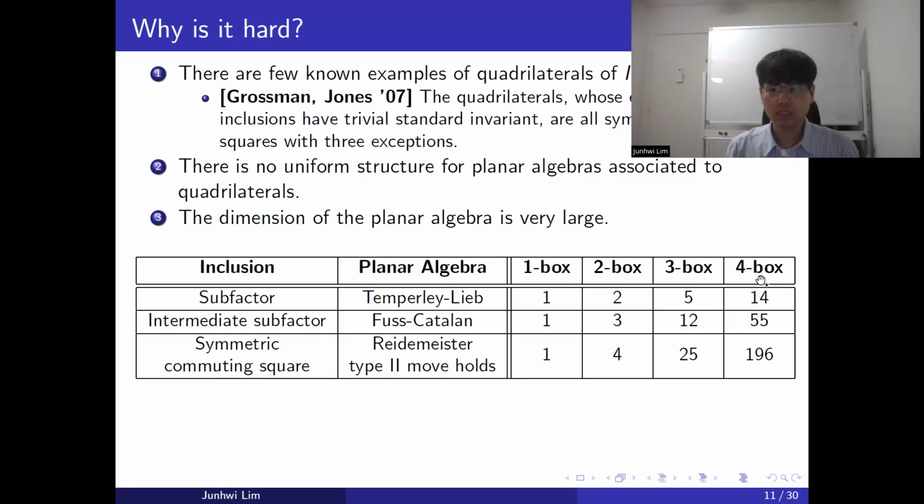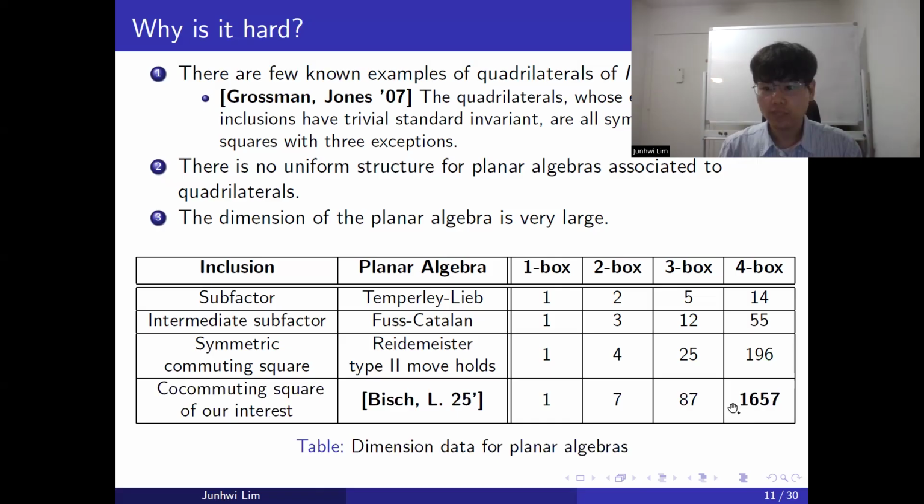Here, n-box space means the vector space of diagrams that has n strings connected to the top and n strings connected to the bottom. And in the case of our interest, the 4-box space has dimension 1657. To understand the structure of the planar algebra, I listed thousands of elements in the 4-box space using MATLAB and found 1657 linearly independent ones without knowing what the dimension was.